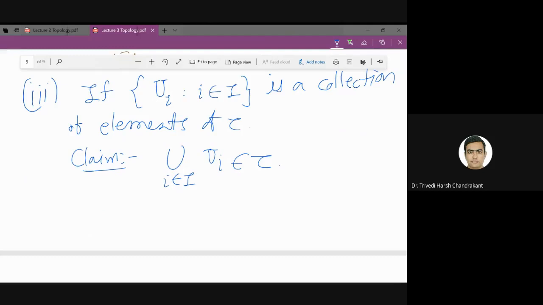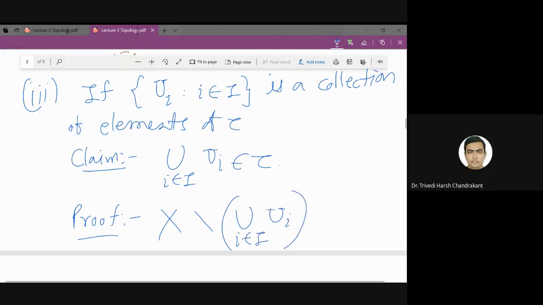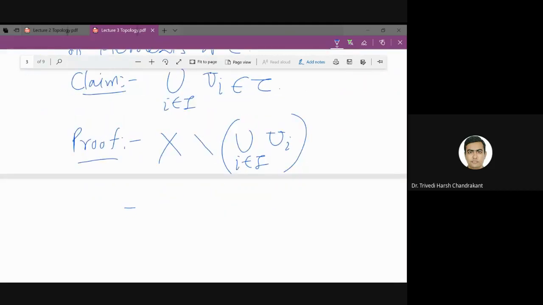To check that, let us start again with the property that to show this belongs to tau, we have to consider the complement. The complement is X minus the union of ui. And then we know that this is nothing but the intersection of X minus ui.